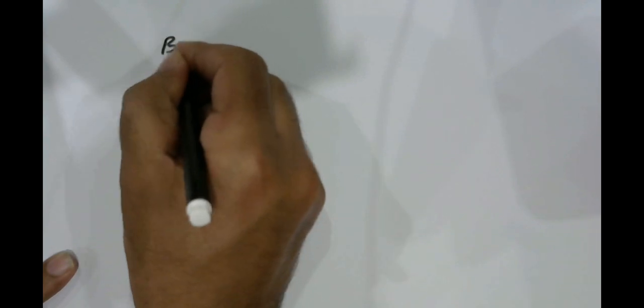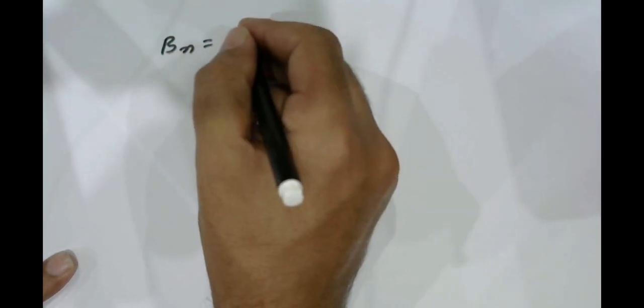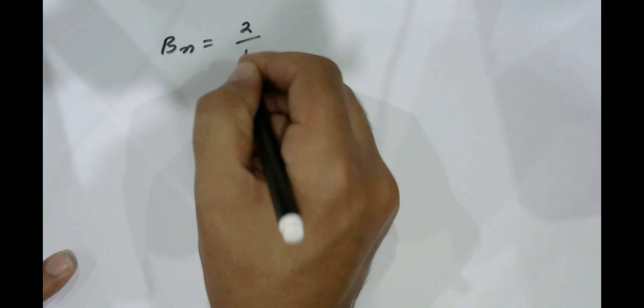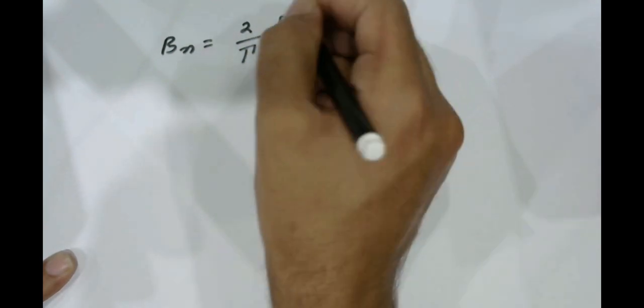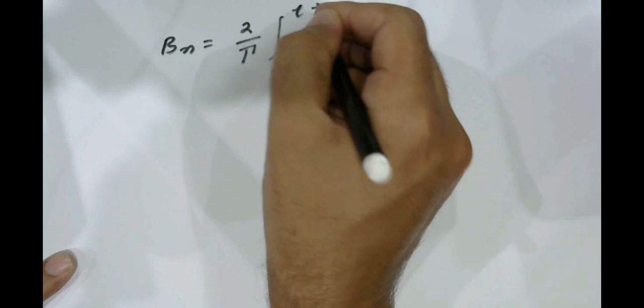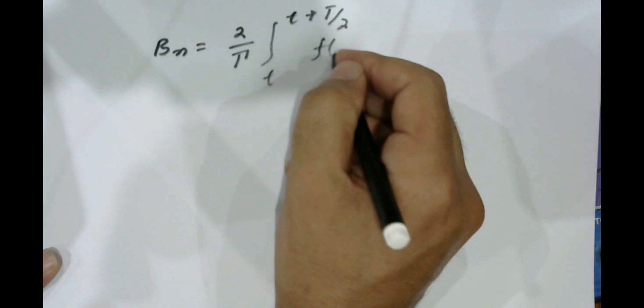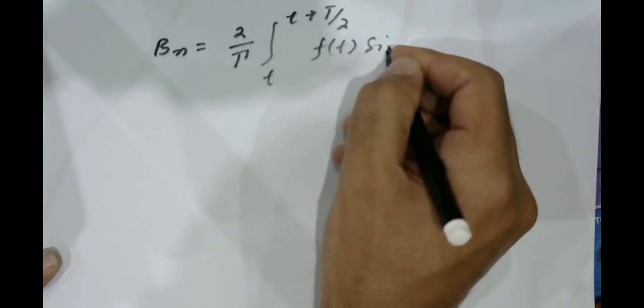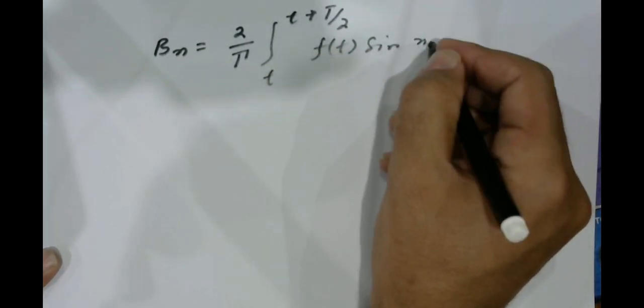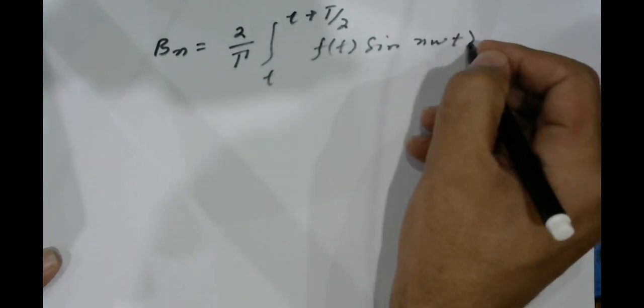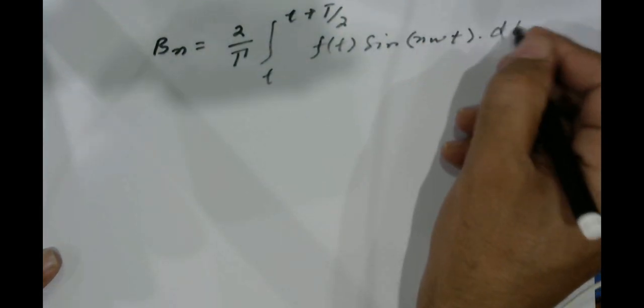So for the value of bn, we'll first write the formula, that is bn must be equal to 2 by T integral from t to t plus T by 2 of f of t sine n omega t times dt. So this is our formula for finding bn.